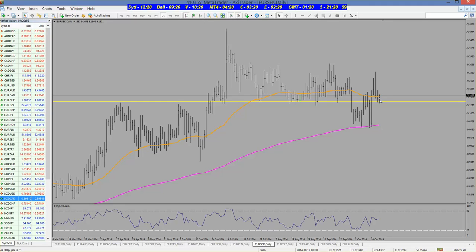You might argue bounce off this if this is a higher low, but it's more of a weakening pair than a strengthening pair. You look at it like that.